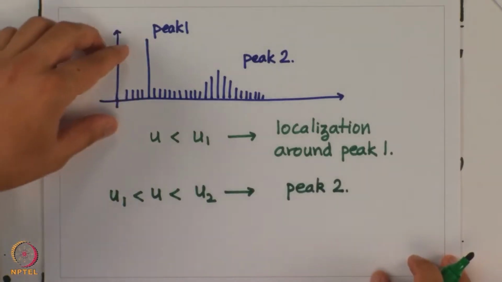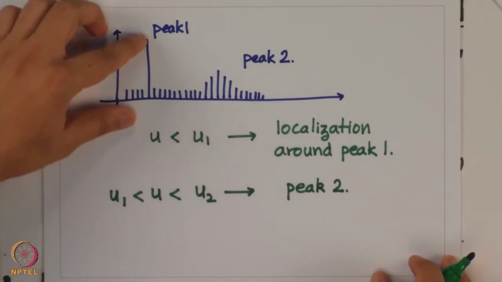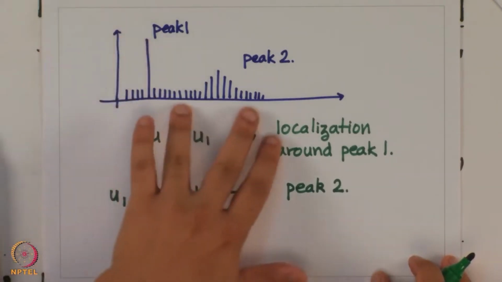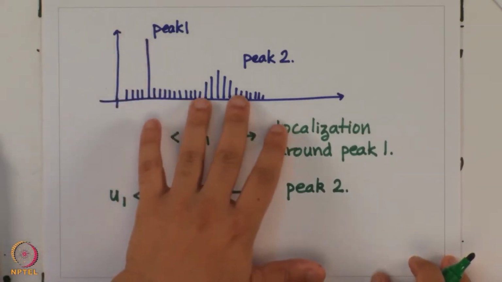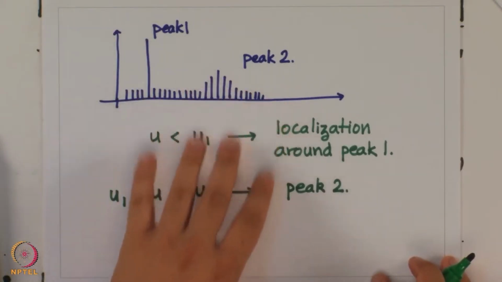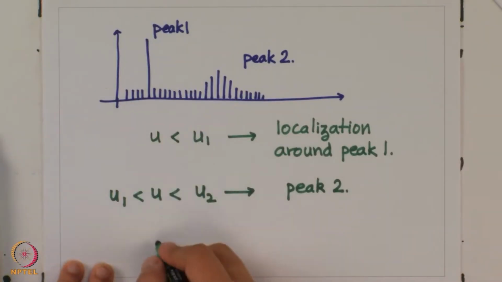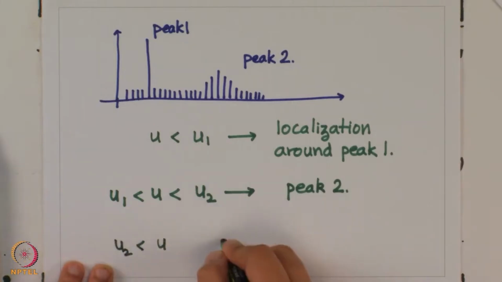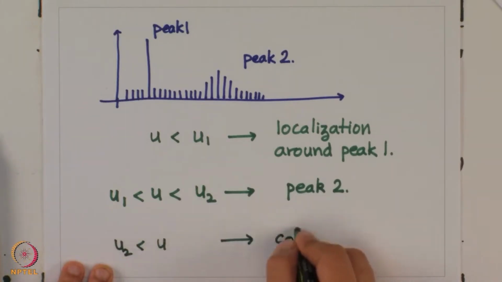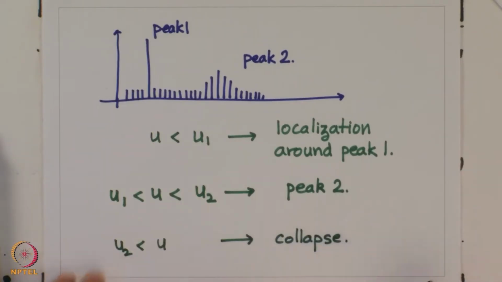If the error rate is high, then a collapse would occur as far as this peak is concerned, but this peak is broad, so it is able to contain the quasi species within it and you get localization around the lower peak. But if error rate were to exceed the value U2 as well, then you would get a collapse of the population and see no localization around any of the 2 peaks here.